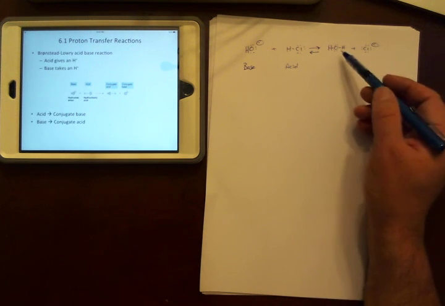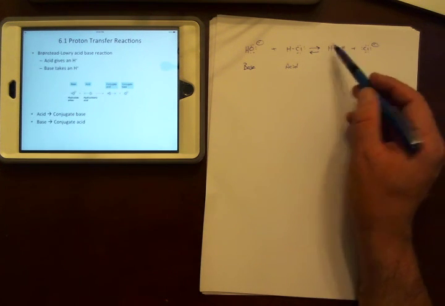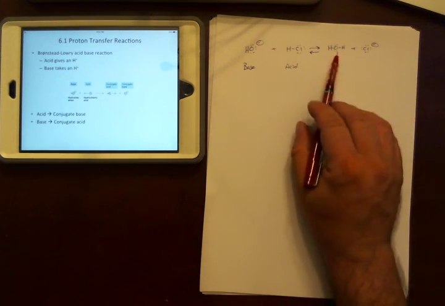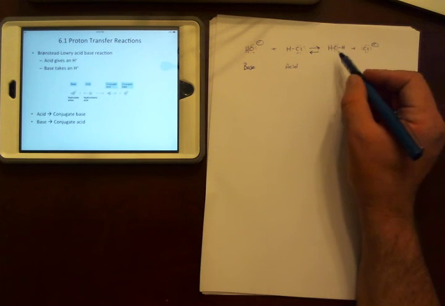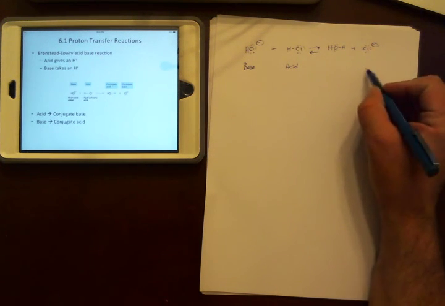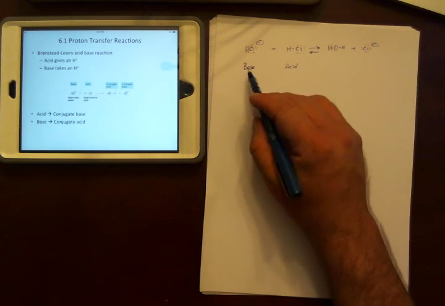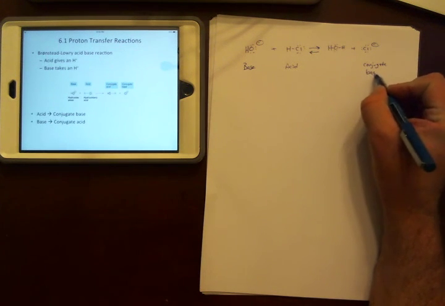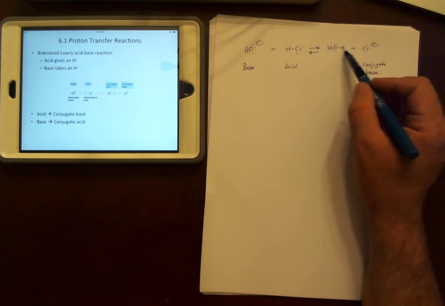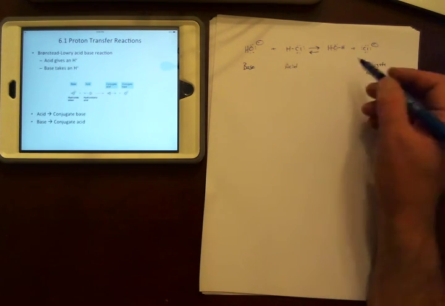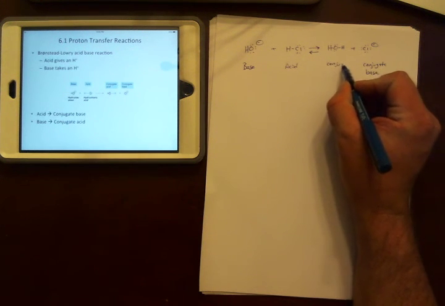But if we're running in the reverse direction, now this molecule, here to here, is acting like the acid, and this is grabbing the hydrogen, so it's acting like a base. But to distinguish it from this base, we call it the conjugate base. And here, this has the hydrogen and is acting like an acid, so to distinguish it from the regular acid, we call this the conjugate acid. Okay?